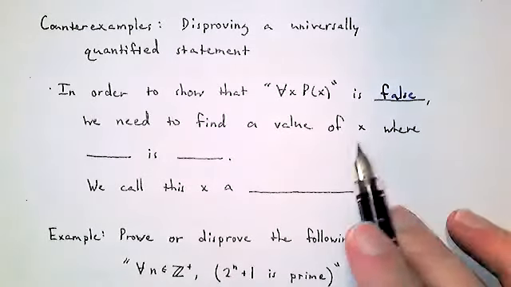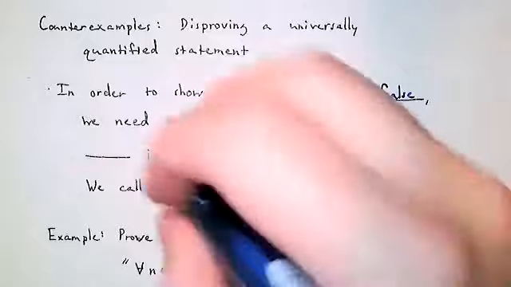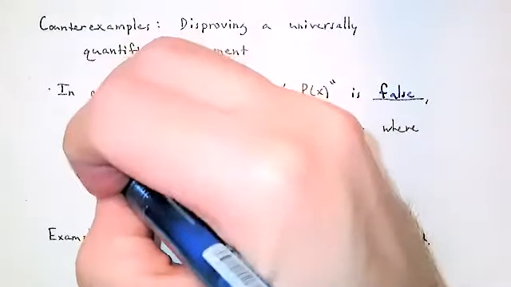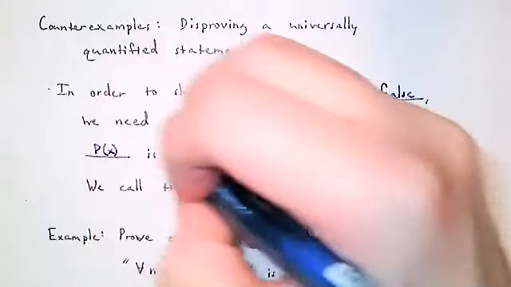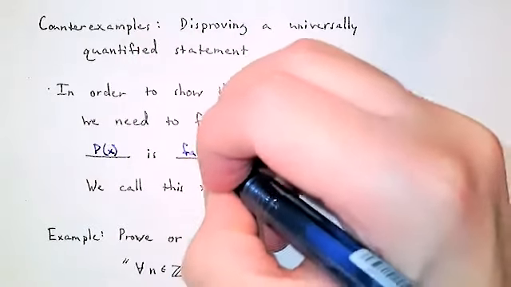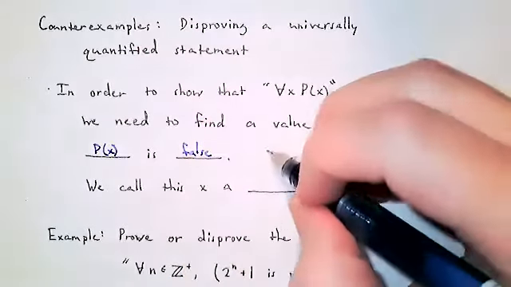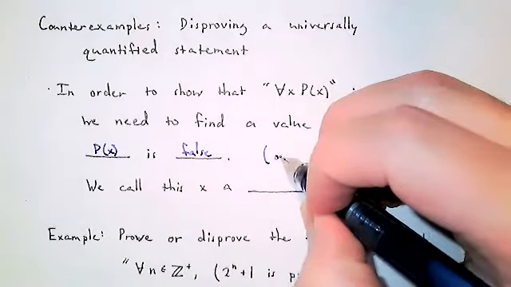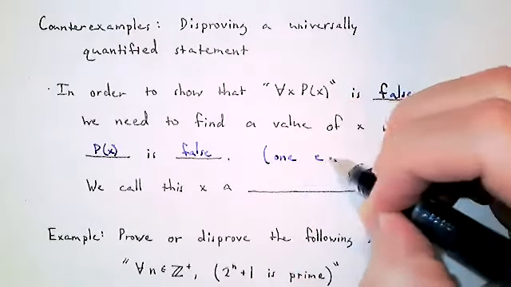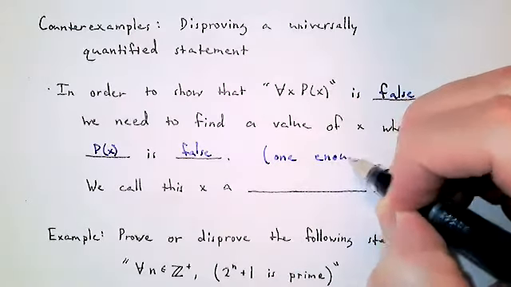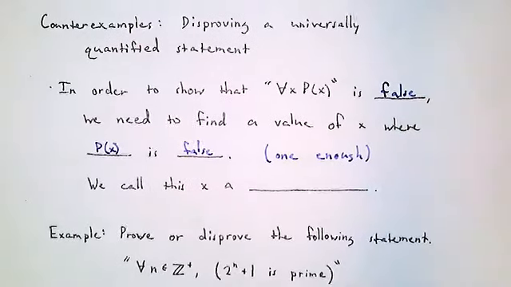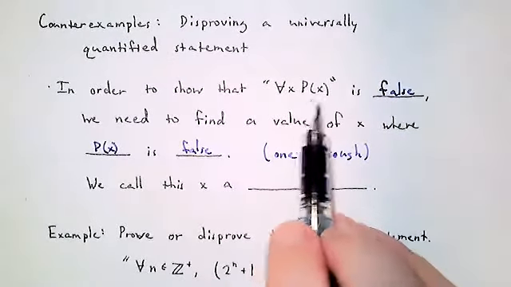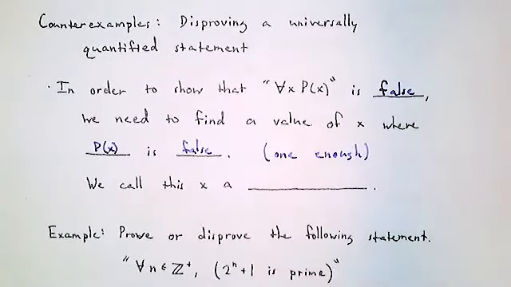So we need to find the value of x where P of x is false. It's important to remember that one is enough. If you find one place where it's false, you can stop.